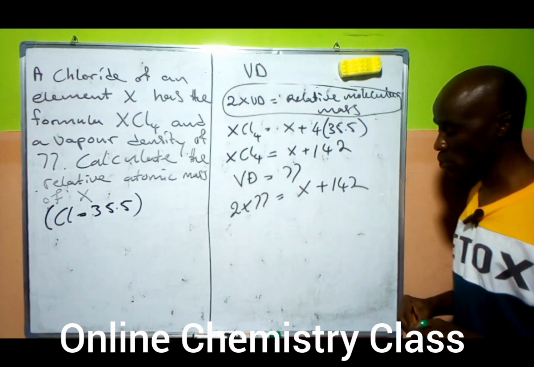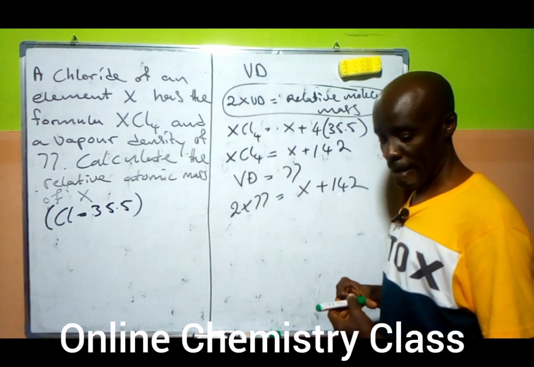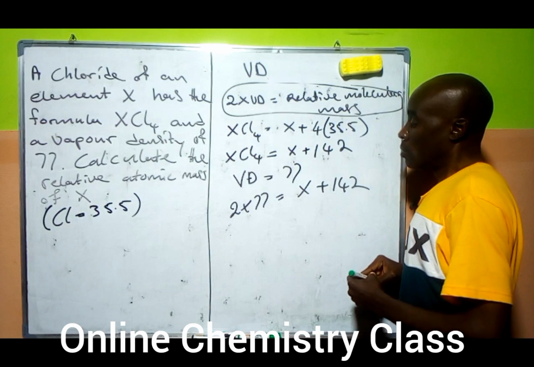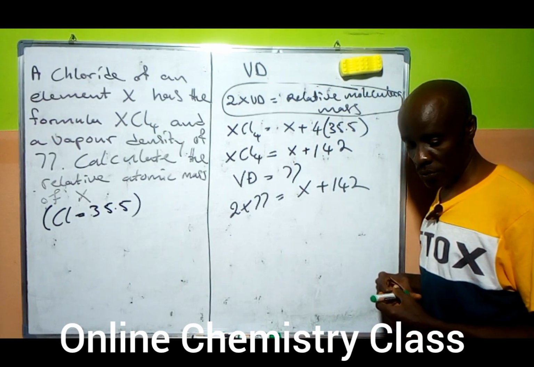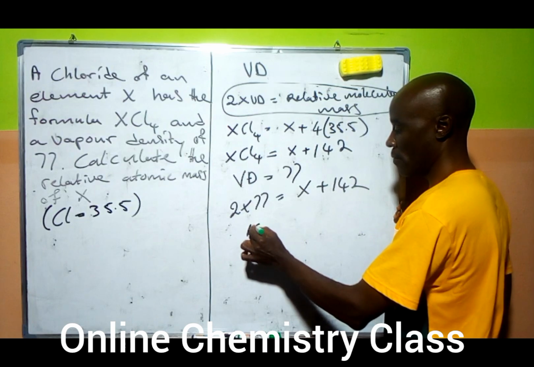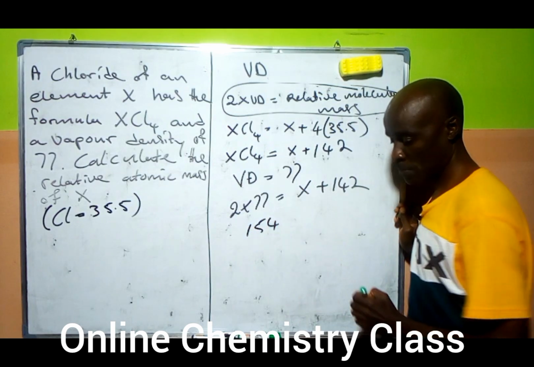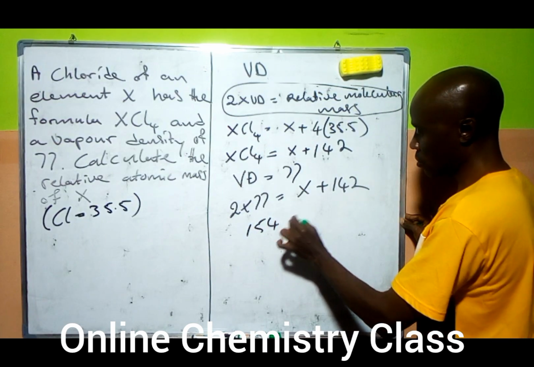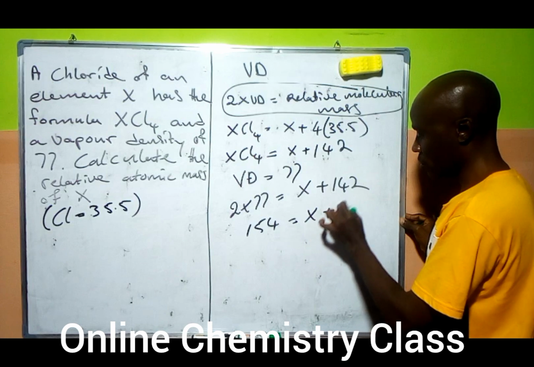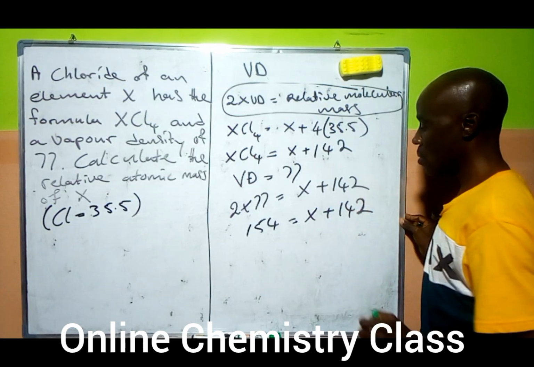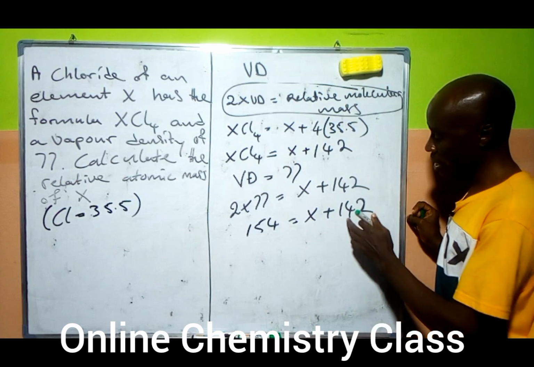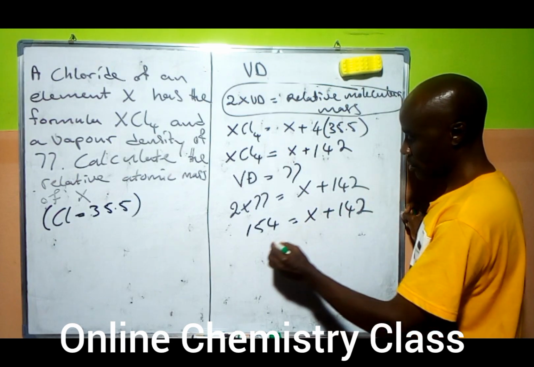So what we do here, 2 times 77, we will have 154, equal to X plus 142. So what I'm going to do here is collect like terms.